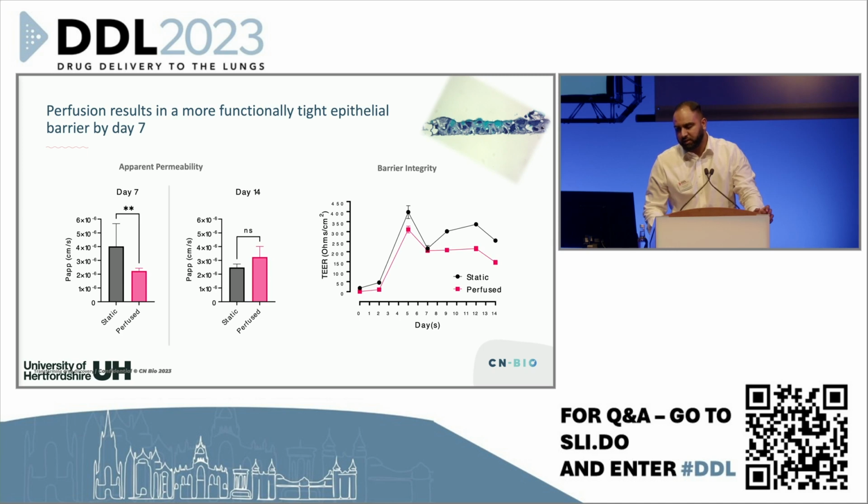In fact, it took the static model almost 14 days to get to the same point. So we established here that the perfused system is decreasing the variability within the plate and between the wells, as well as creating a functional barrier 7 days sooner than the static.